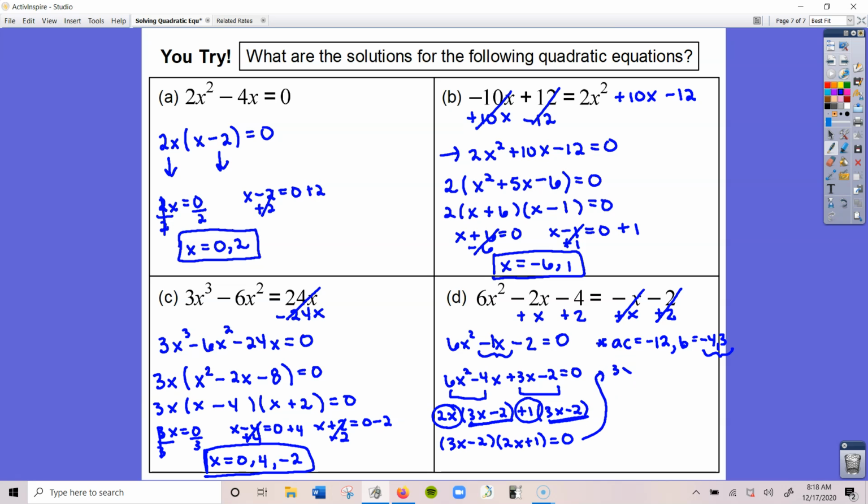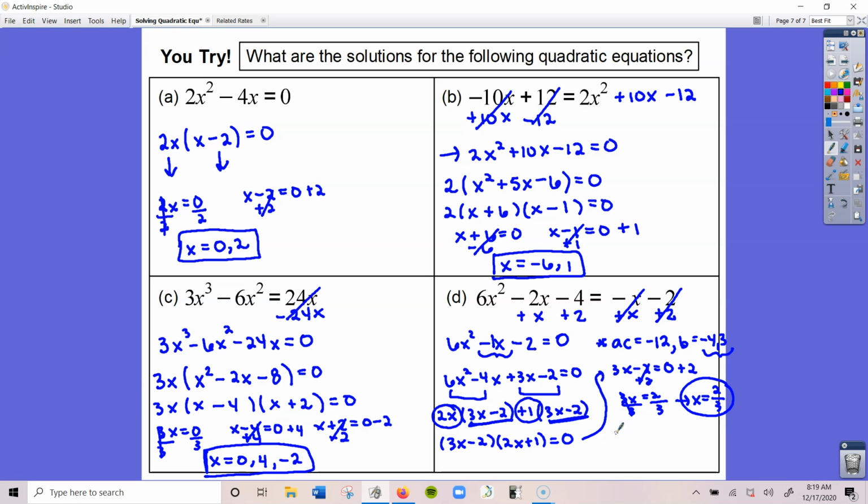We have 3x minus 2 equals 0. I'd have to add the 2. So we have 3x is equal to 2, and then divide by 3. So x is equal to 2 over 3 is one of my answers. And it's okay to have a fraction and just leave it as a fraction.